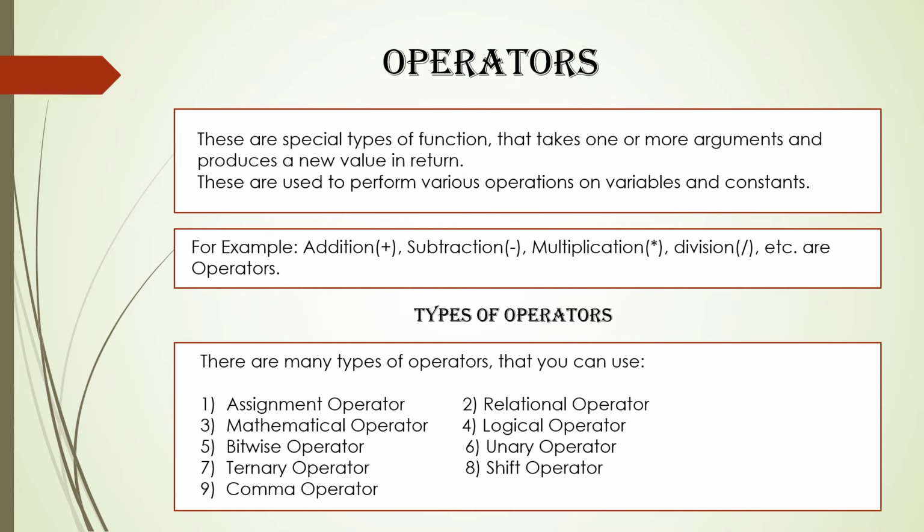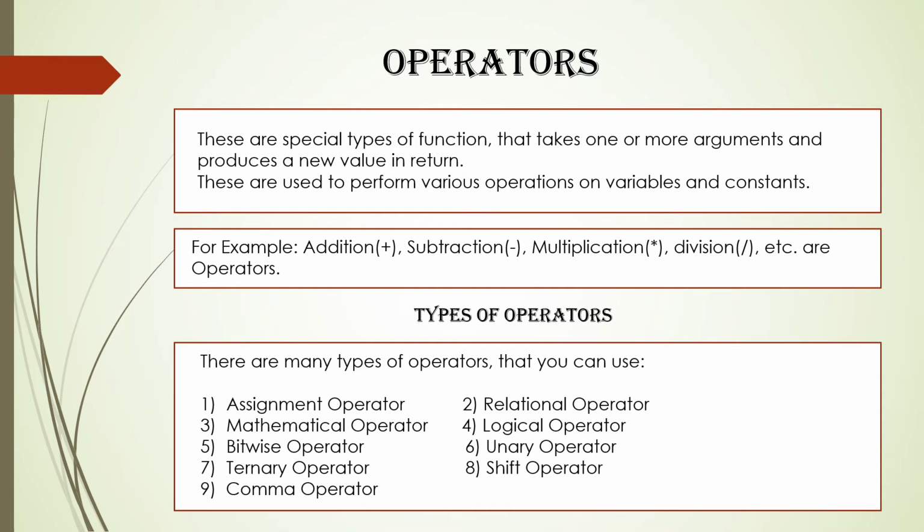So here we should also get aware of one important term, that is operand. Suppose you are adding two numbers, that is 5 plus 2. So here plus is the operator and 5 and 2 are operands. So remember that an operator always lies in between the operands.